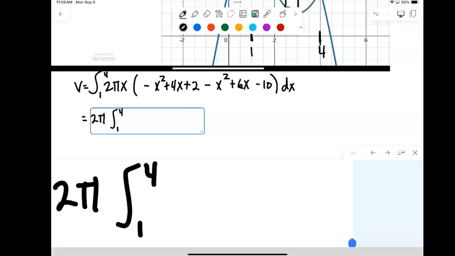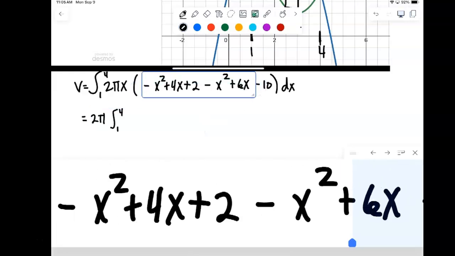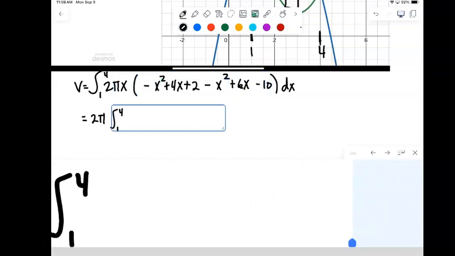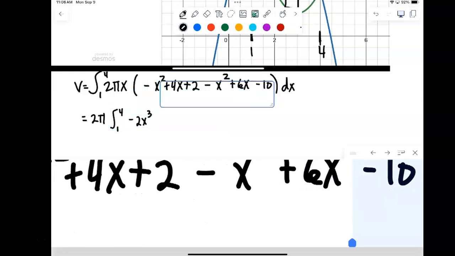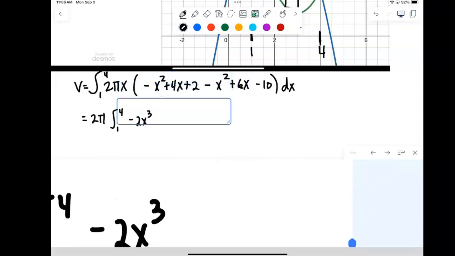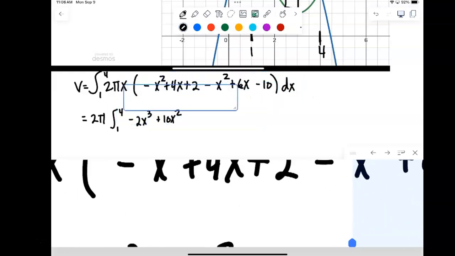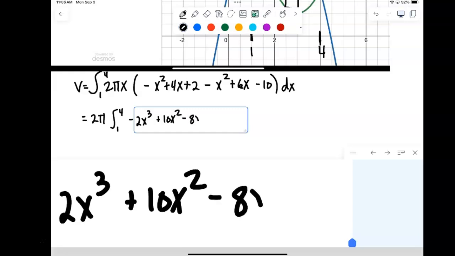Negative x squared and negative x squared is negative 2x squared, times x, minus 2x cubed. In the middle, we have a 4x and a 6x, which is 10x, times x is 10x squared. And then 2 and minus 10 is minus 8 to go with the x. Make that minus 8x dx.